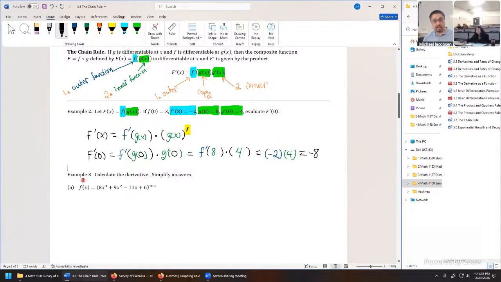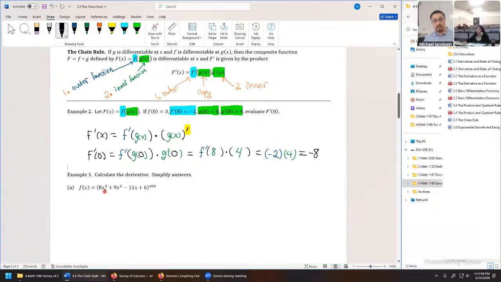This time it's a lowercase f of x, so it's kind of mixed up the format here. But that's okay. Whether you call these functions f, g, lowercase f, uppercase G, what have you, it's more about what function is the outer function and what function is the inner function is the most important thing about the chain rule.